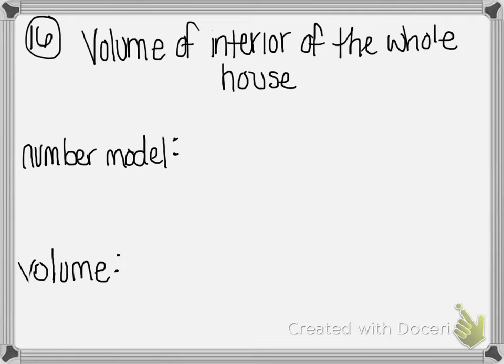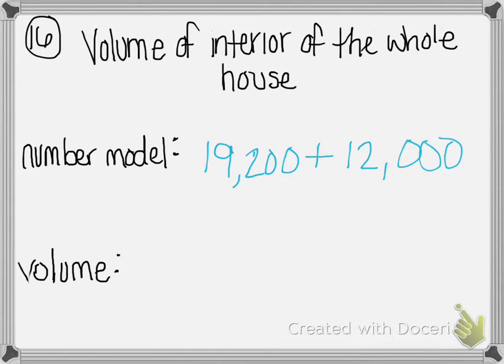Number 16 wants to know what is the total volume of the interior of the house. So we know the first floor is 19,200 feet cubed plus the volume of the second floor, which is 12,000 feet cubed.